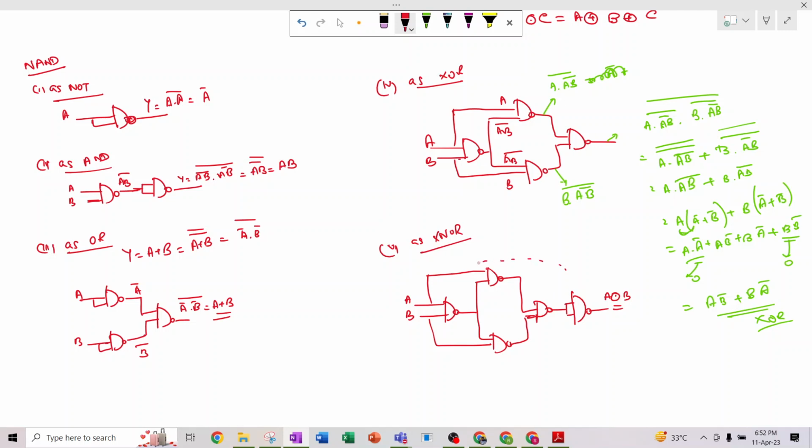So using these 5 2 input NAND gates, we get the XNOR gate.